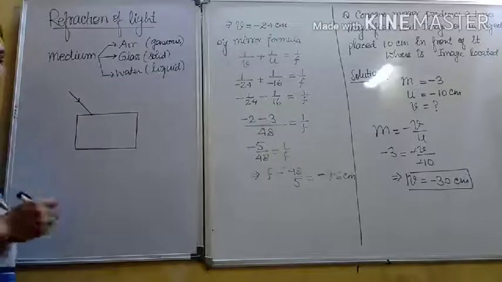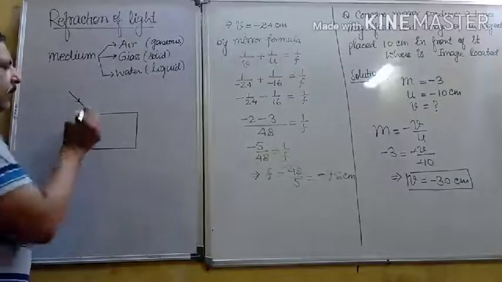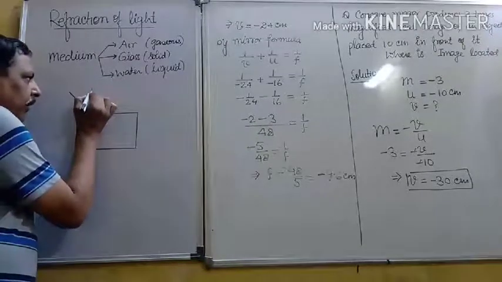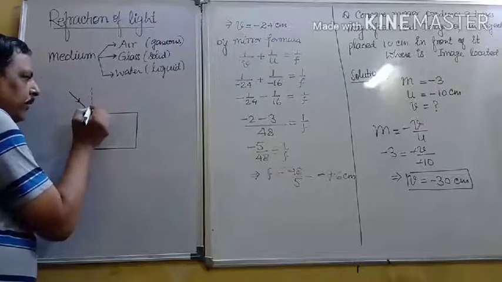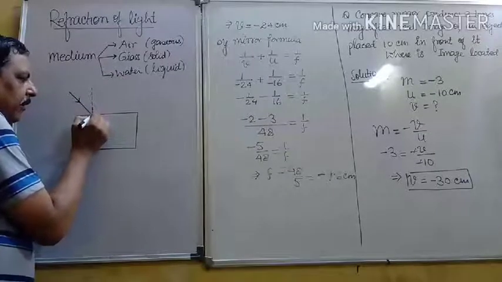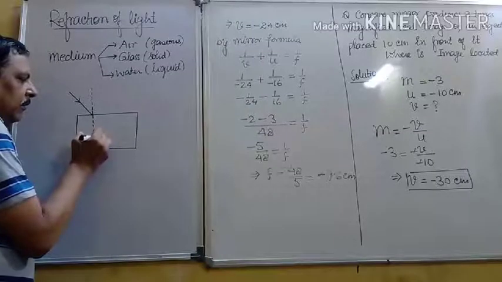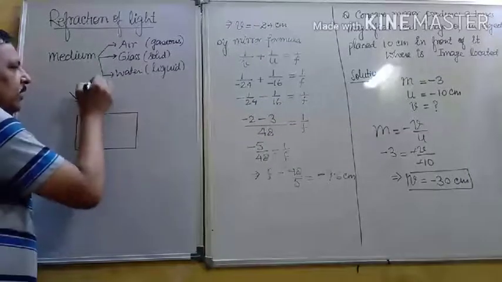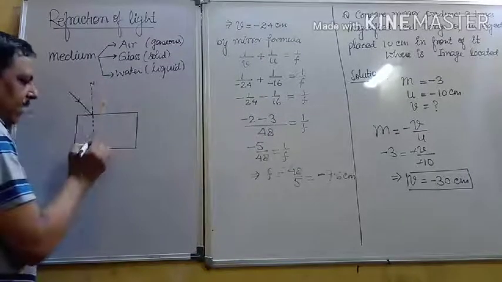This is called the point of incidence. Here we draw a normal. As you know, normal means 90 degrees with the surface. This is called normal, N dash we can say.